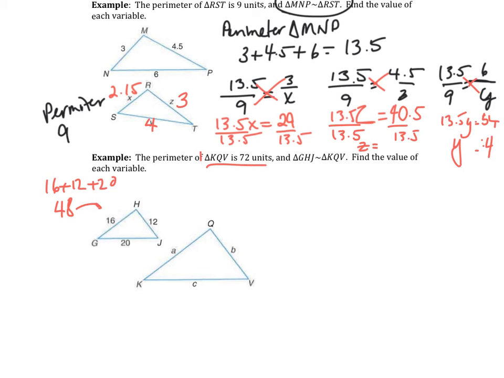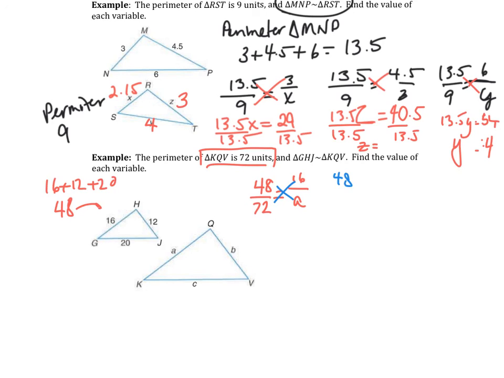I'm given this perimeter of my larger triangle is 72 units, so I'm going to set up my first proportion, 48 over 72, and I know that's going to be equal to 16 over A. I'll solve that one first.